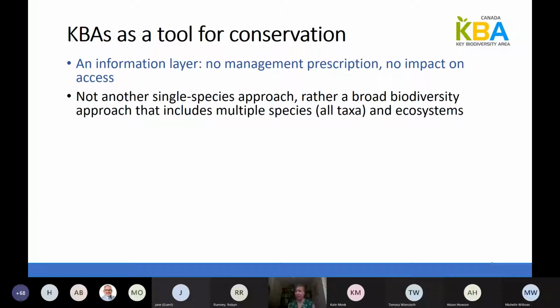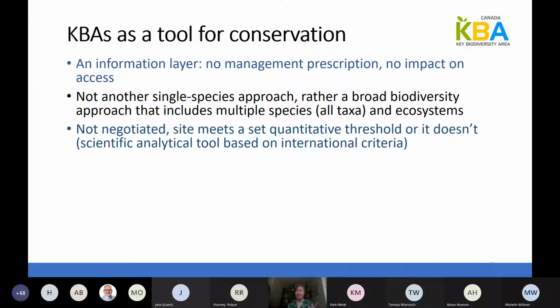So I already mentioned, it's not another single species approach. It's a broad biodiversity approach that includes all taxa and ecosystems. It's not a negotiated process. You can't sort of veto a key biodiversity area. If you have the data that shows that the quantitative thresholds have been met, so a certain percentage of a species is found on a particular site, then it is a KBA.